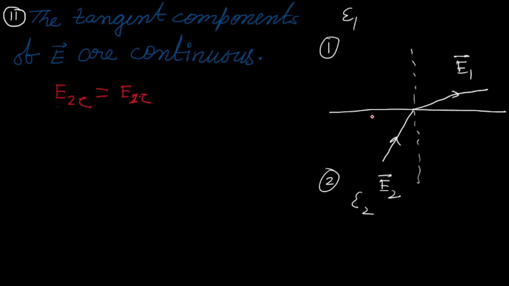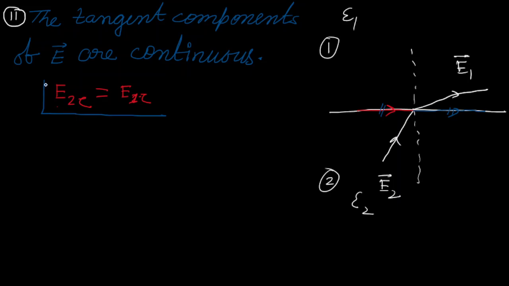In this interface, this will be the tangent component of E2 and this will be the tangent component of E1. So this component and this component will always be equal. They will always be continuous. So this is the second boundary condition.